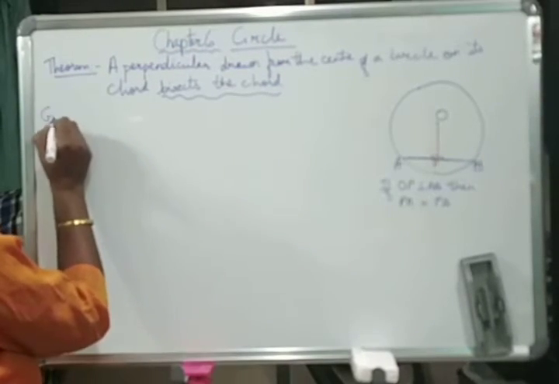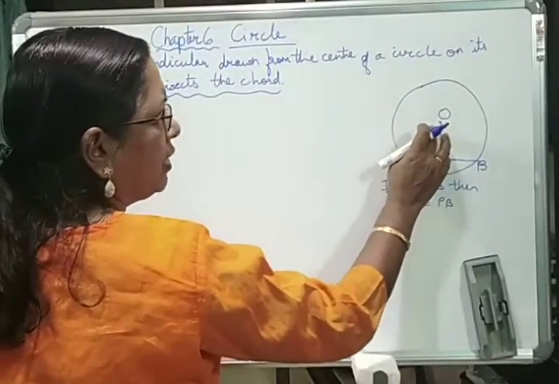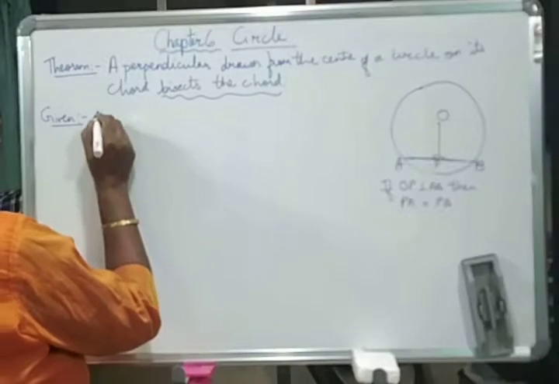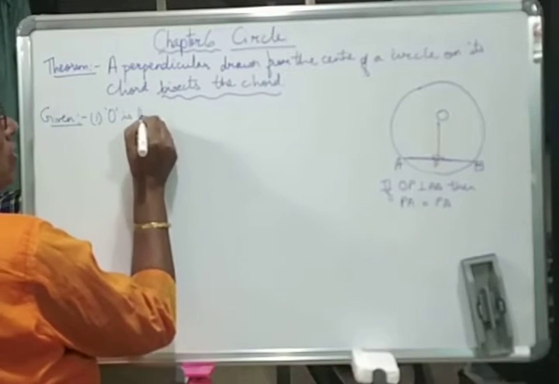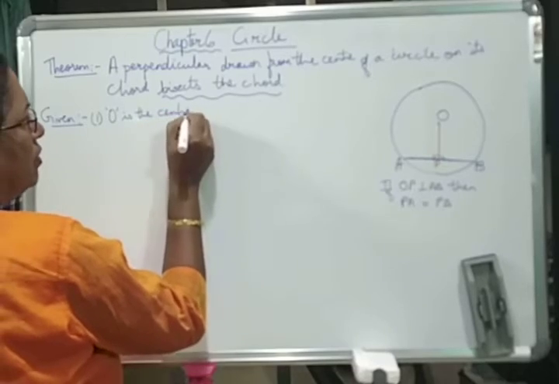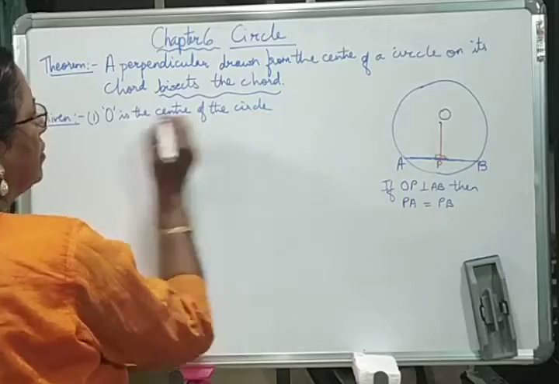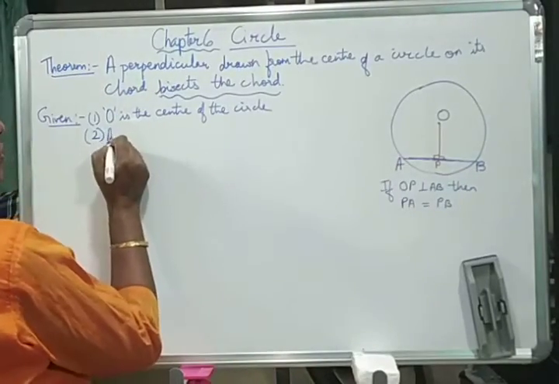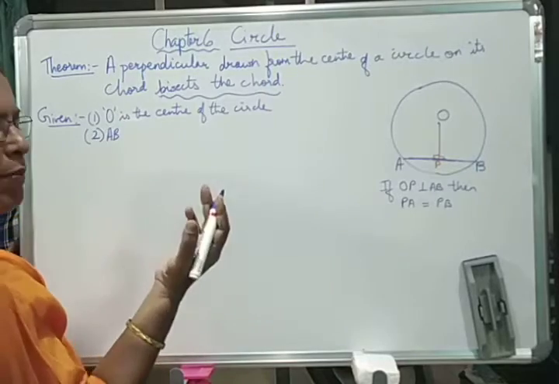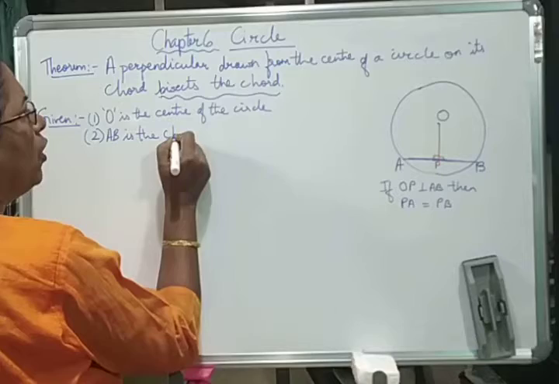So now over here listen. You have to write down the given. In the given, you will write down first statement is O is the center of the circle. Second point is AB, or you can write segment AB, AB is the chord of the circle.